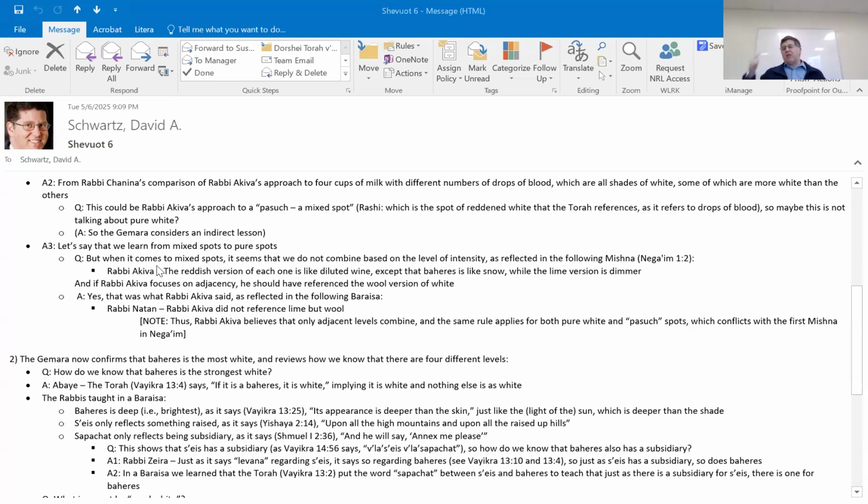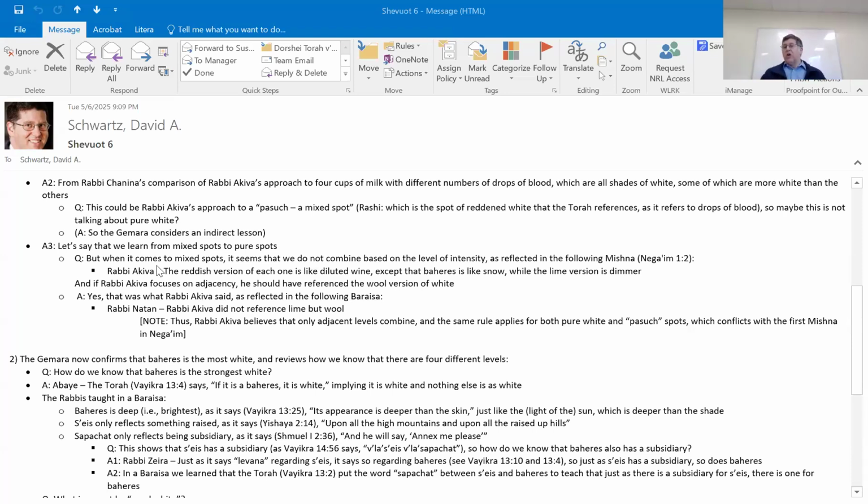And what about the second Mishnah in Negaim? The second Mishnah in Negaim, you have to read it like Rabbi Natan tells us, that it's referring to the Bahares and the Semer, which are the 2 that are next to each other. And so as a result, it's showing that Rabbi Akiva believes that you combine 1 with 2, not 1 with 3.